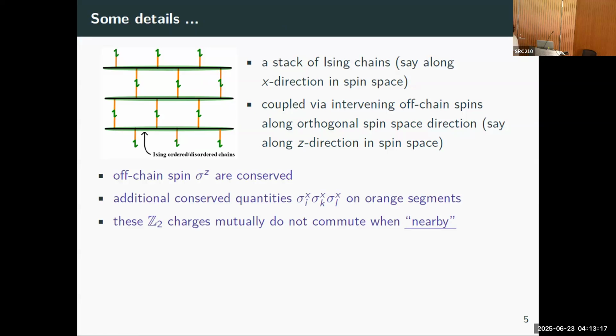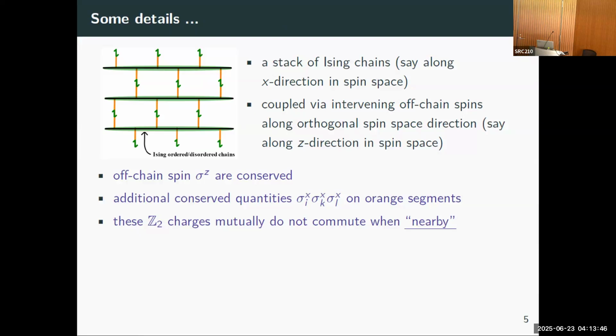It turns out for this particular construction, and none of the previous other constructions in that work, there are additional conserved quantities on these orange bonds. You can think of them as just the standard Z2 Ising parity of an Ising chain. On this orange bond, there are three sites. So the sigma x product on that is also conserved under the Hamiltonian, okay?